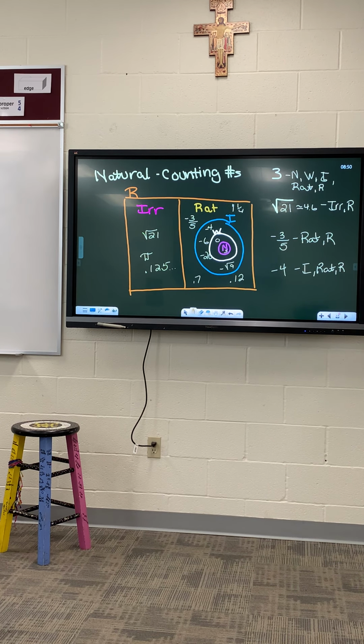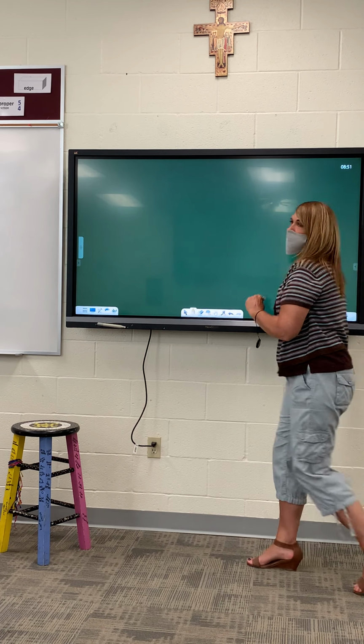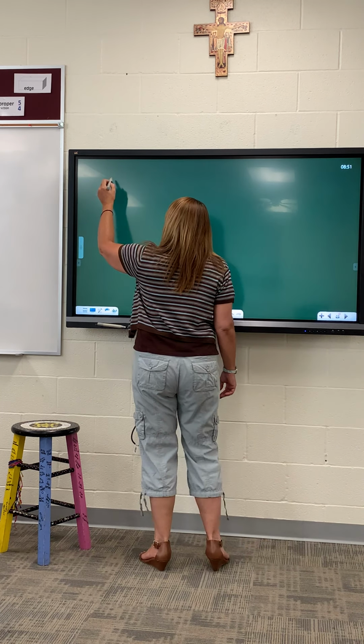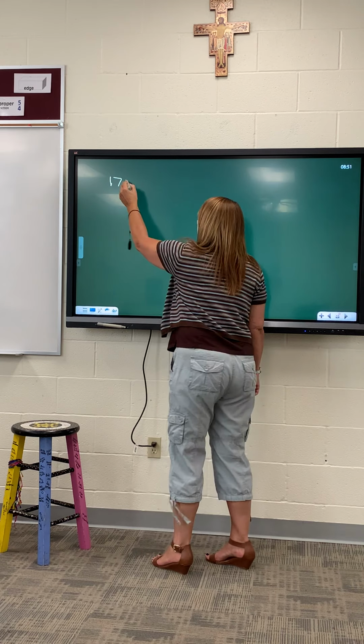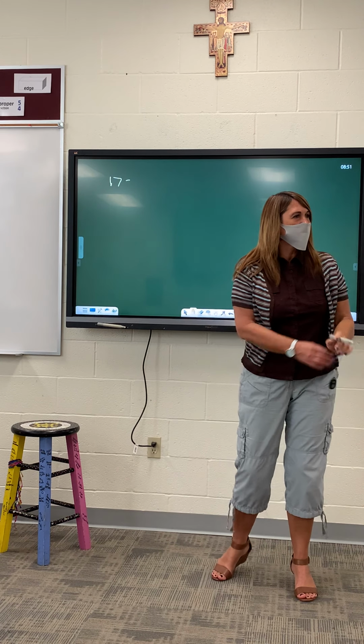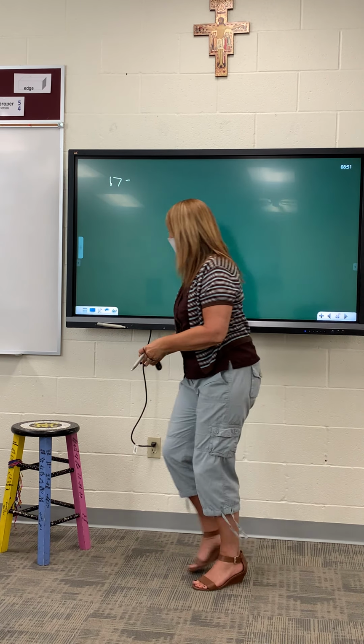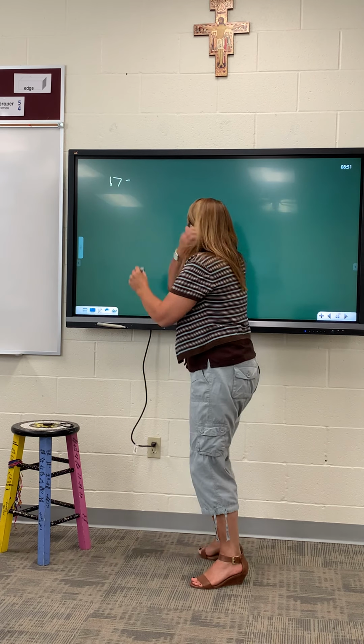Okay, I'm going to go through and give each one of you a number. You use that. Let's see how we go, okay? Preston, 17. Tell me all the number groups it belongs to.